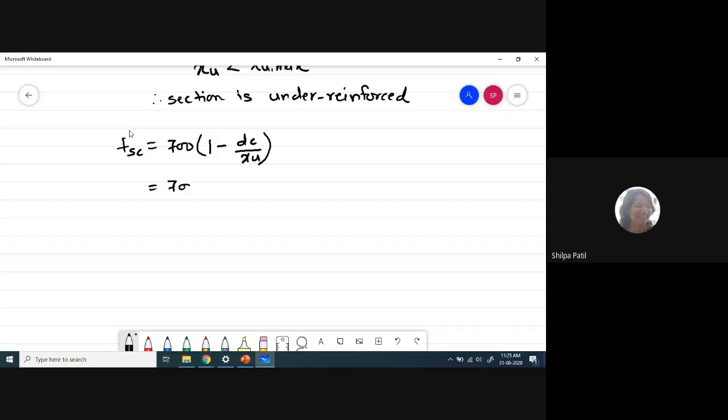So 700 into bracket 1 minus 40 divided by XU, which we calculated as 56.94.